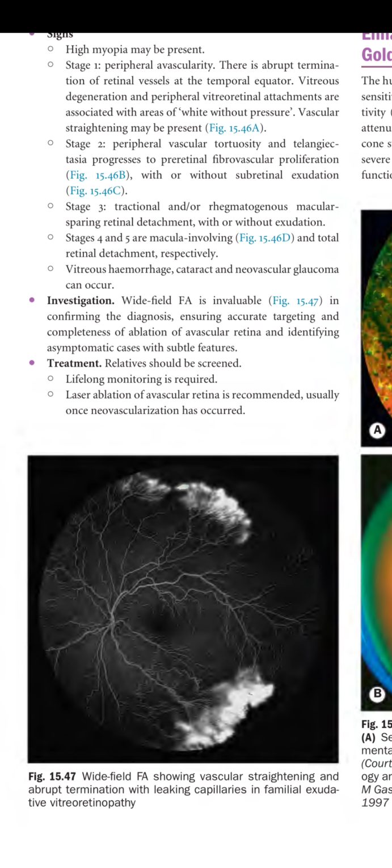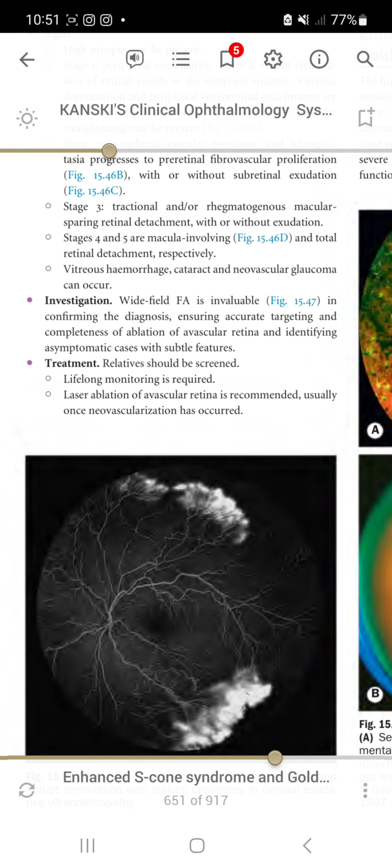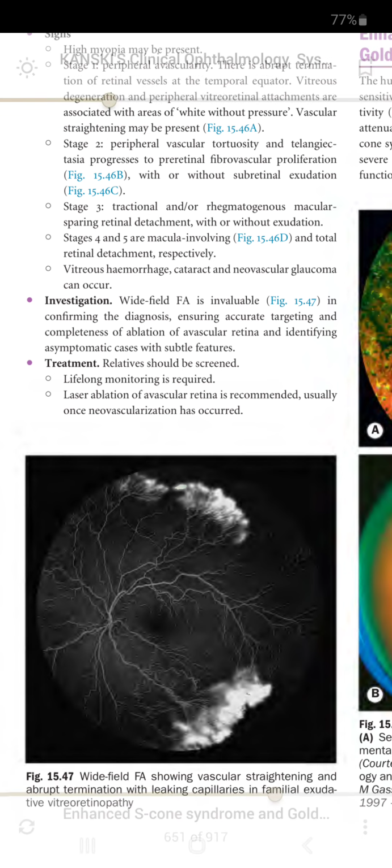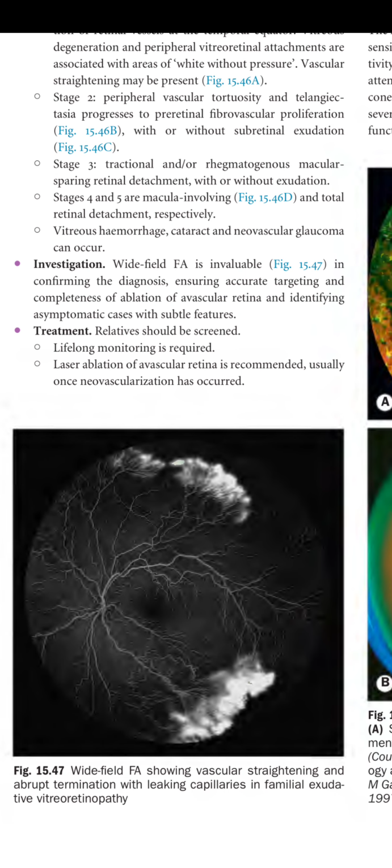Next, stage 2 consists of peripheral vascular tortuosity and telangiectasias, which progress to preretinal fibrovascular proliferation with or without subretinal exudation. Stage 3 consists of a tractional and exudative macula-sparing retinal detachment with or without exudation.